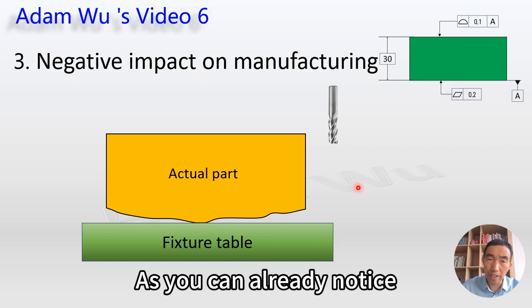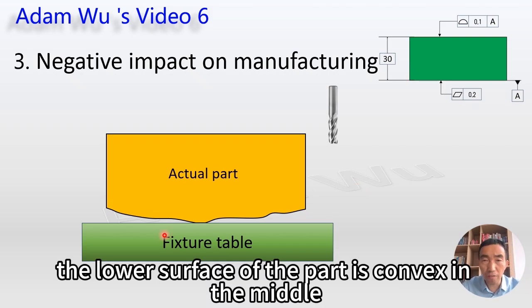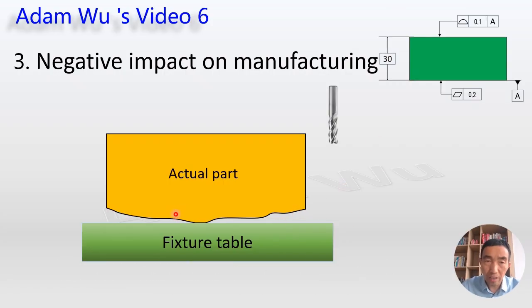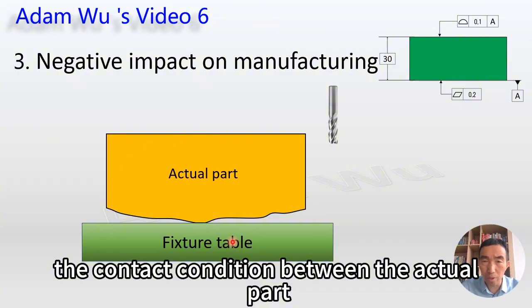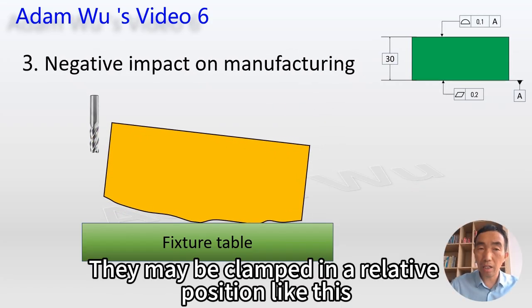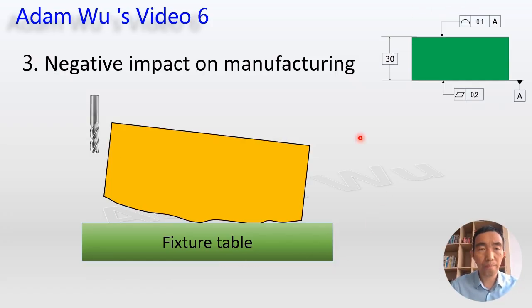As you can already notice, the lower surface of the part is convex in the middle, which means that during fixturing, the contact condition between the actual part and the fixture table is unstable. They may be clamped in a relative position like this.